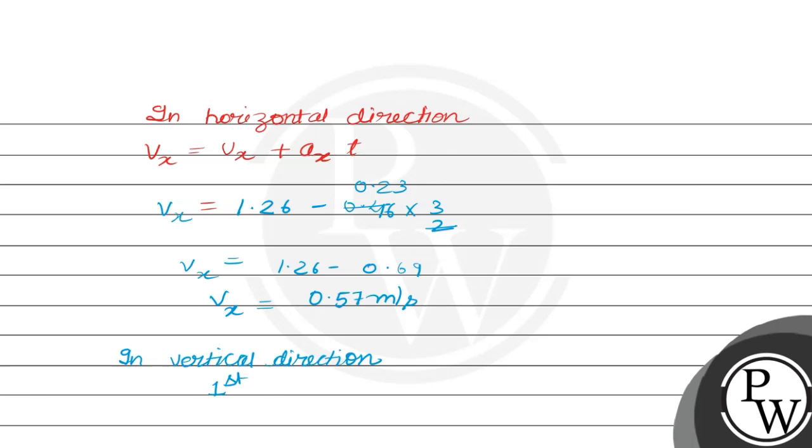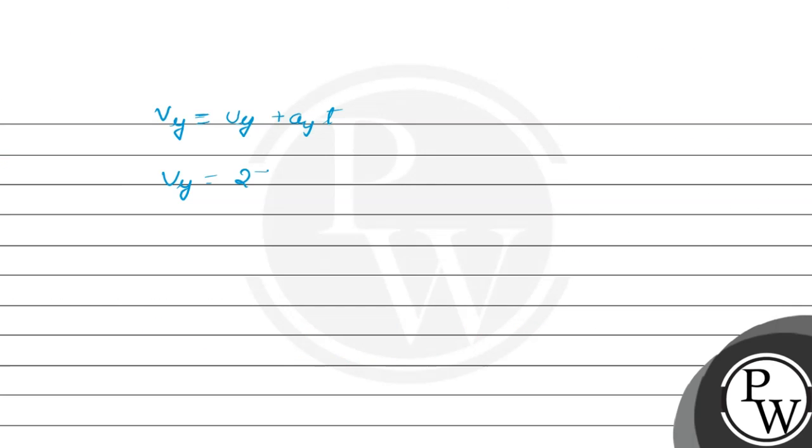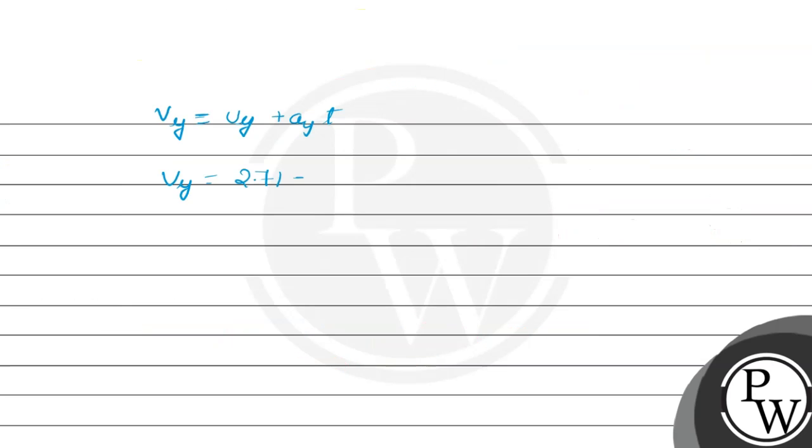Now in vertical direction, first equation of motion: final velocity in y direction is initial velocity in y direction plus acceleration into time t. So final velocity in y direction we can write as 2.71 minus acceleration in y direction, in question it was given 0.98, into time 3 upon 2.